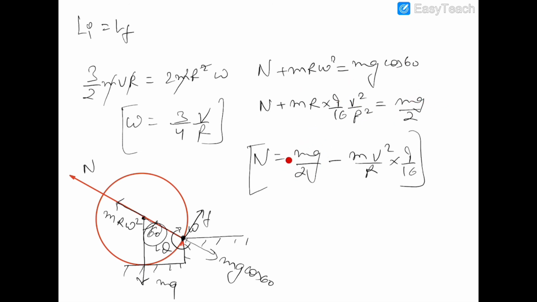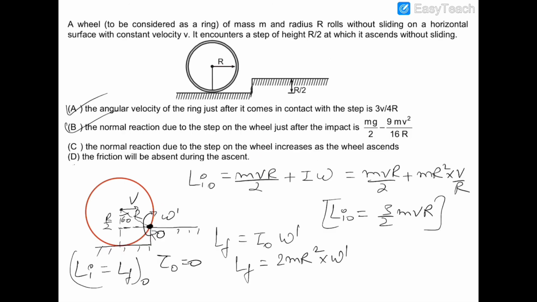If the ring is ascending, then theta would be decreasing, and when theta is decreasing, then cos theta will increase, and if cos theta increases, the normal reaction will increase. So as the ring is ascending, the normal reaction would be increasing. So the correct answer will also include option number C.